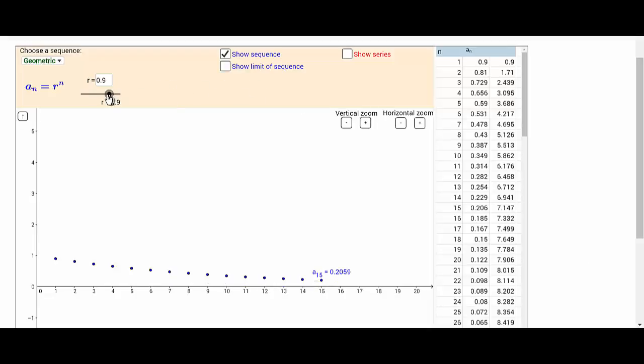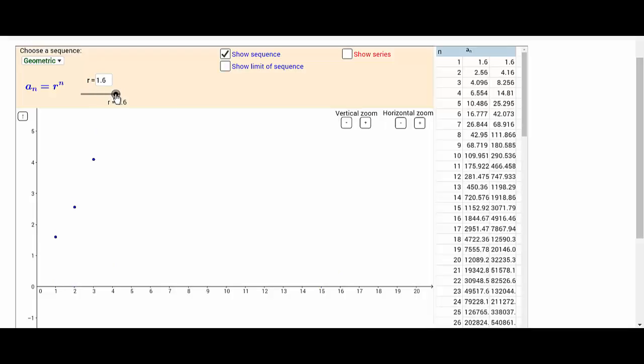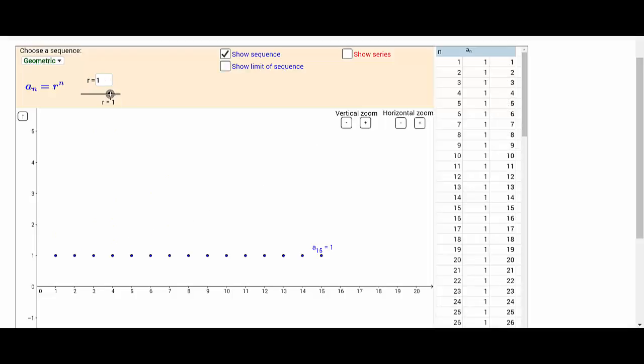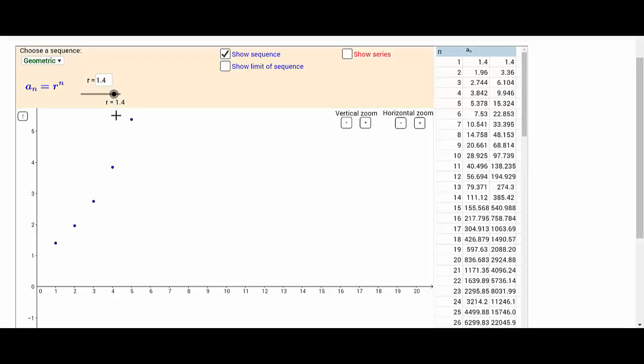One thing on this, you can change the value of R, and the value of R makes a big difference on this one. So if I've got it like that, you can tell pretty well that's going to converge to 0. But if I make R big like that, does that appear to be converging to any point, or is it just going out of control?